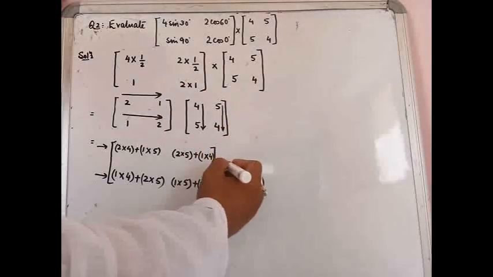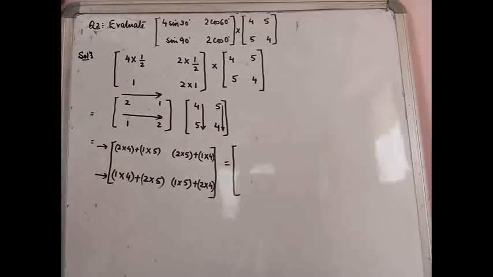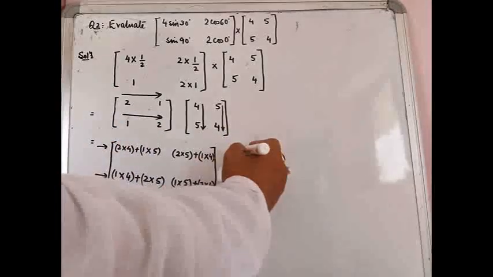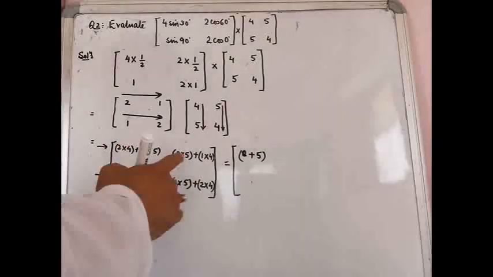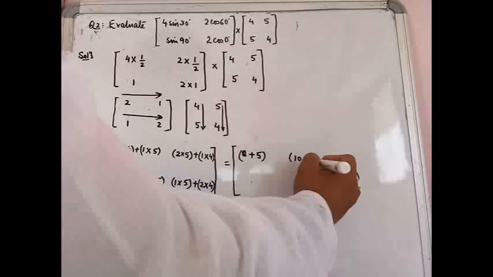Proceeding on to the next step, which involves basic multiplication. 4 2s are 8 plus 5 1s are 5. So 8 plus 5. Next, 5 2s are 10 plus 4 1s are 4.